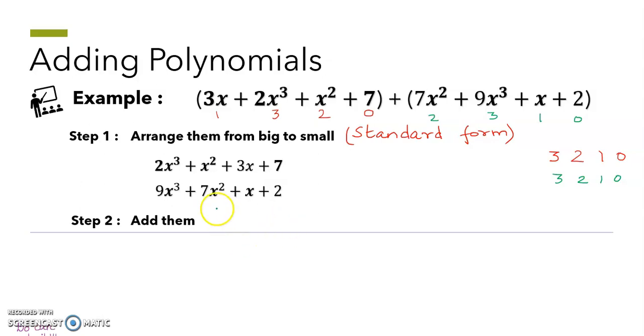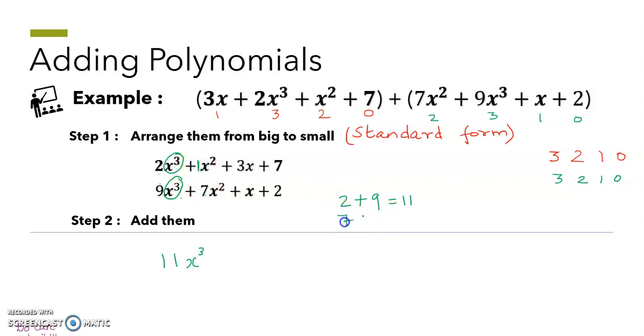So now can we add? Now we have grouped them. Here you have x cubed, and here you have x cubed. So we can add 2 plus 9, which is 11. So you can write 11x cubed. Always in mathematics you add only the like terms. Now 7, and here you can consider this as 1.